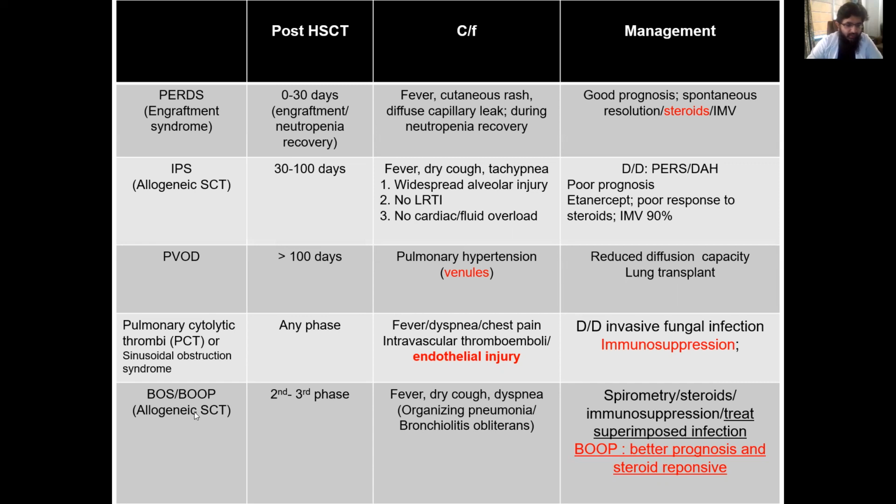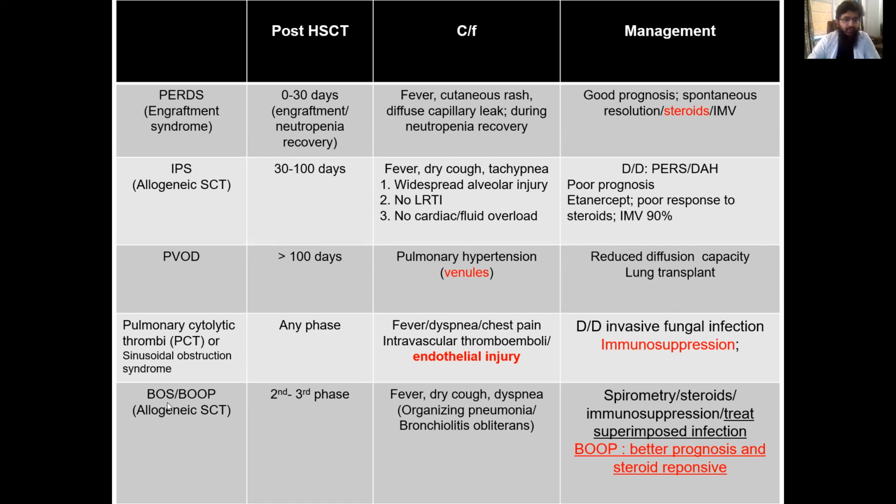BOOP, that is bronchiolitis obliterans with organizing pneumonia, or BOS, the bronchiolitis obliterans syndrome, are manifestations of chronic graft versus host disease. Patients present with either changes of organizing pneumonia or bronchiolitis obliterans, with fever, dry cough, and dyspnea. They are diagnosed by spirometry. It's important to know that the response of BOS to treatment is not good. These patients have a poor prognosis.